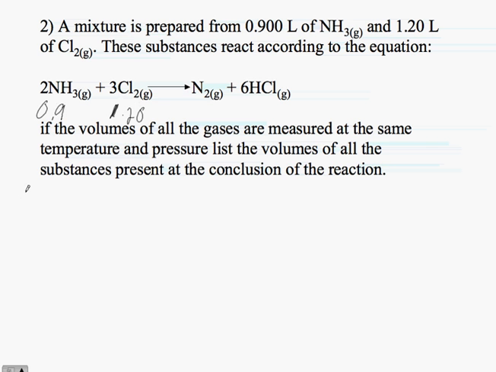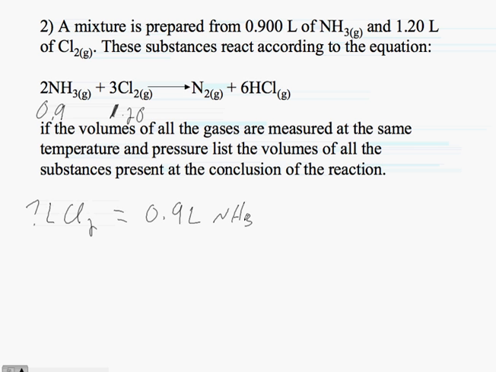So the first question we're going to ask ourselves is how many liters of Cl2 would be equivalent to 0.9 liters of ammonia.